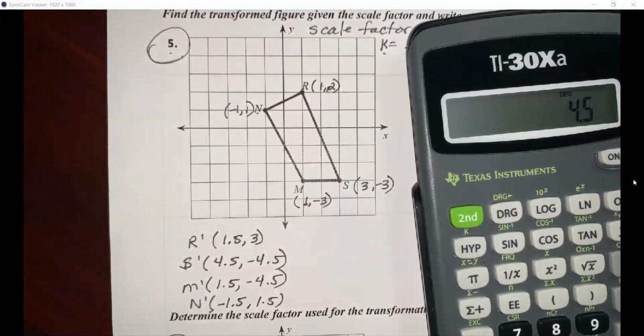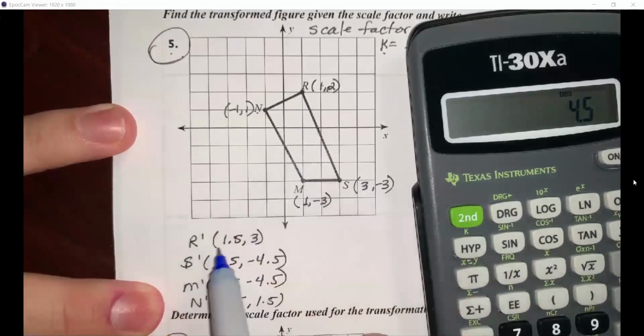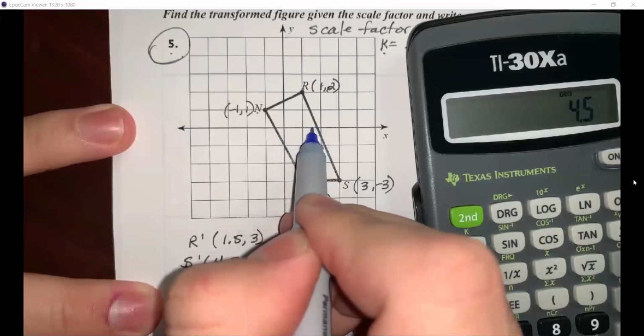Now, let me get a different color here. All right. So now that those are my new points, I'm going to go ahead and plot my new points. My new R is at 1.5. So if this is 1 and that's 2, 1.5 is in between. So 1.5, and then I go up 3.